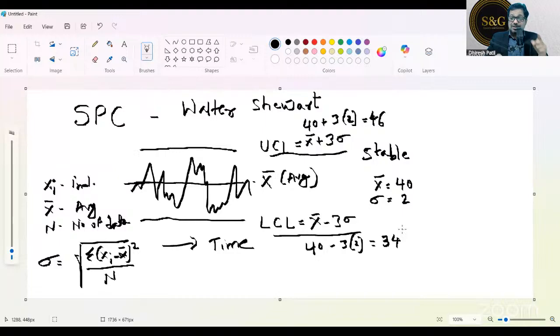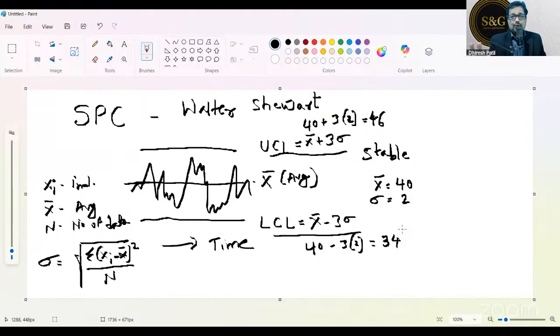specification limit. So this was control limit. Now, who has set the limit? Who has given the limit? The process itself has decided, because according to the variation, the x bar and sigma are calculated, right? So nobody else has decided, only the process itself has decided the control limits.